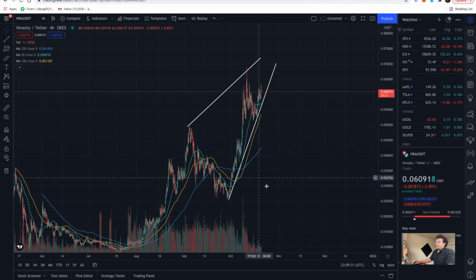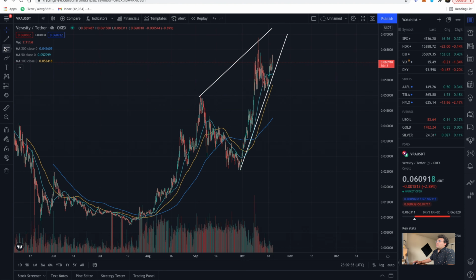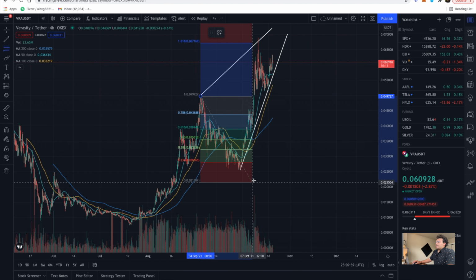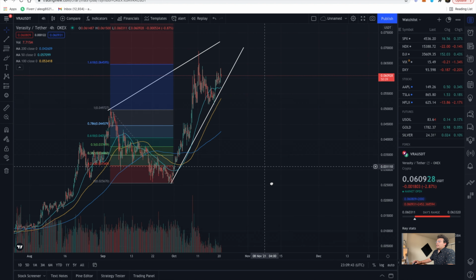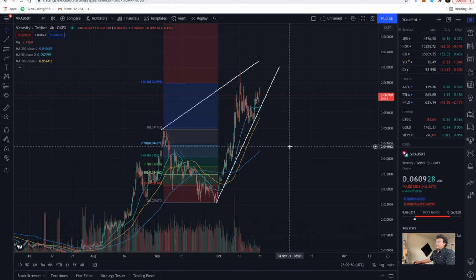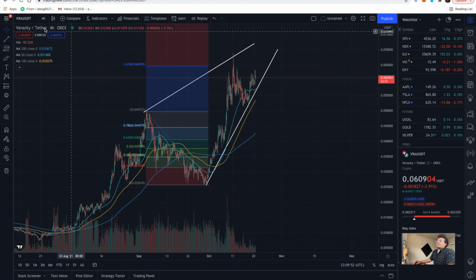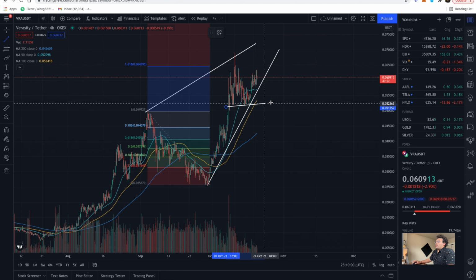So let's talk about where exactly we're going to be headed. First off, I want to draw a quick retracement and look at maybe where some of the downside levels would be. Just a couple of key levels for you guys to watch as we continue this bullish pattern here in VRA. First of all, it's key that in the last couple weeks that we ran up, we established a new support.